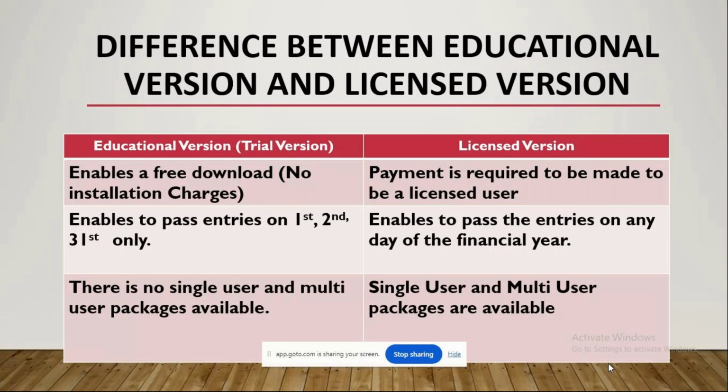You can try entering on 3rd, 4th, 5th, 6th of June, July, August, from April to March or January to December. Any date other than 1st, 2nd and 31st will not be allowed in the trial version. In the licensed version, obviously you can put up the entries depending upon the date of the entry, so you have complete access.